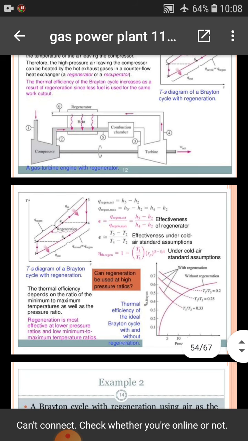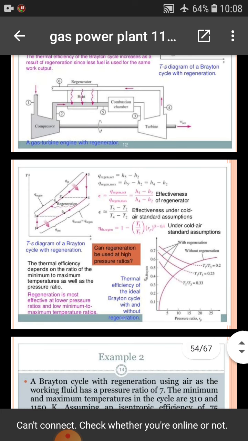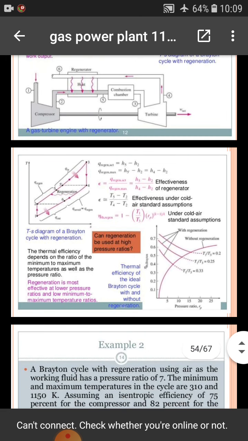Here air goes in from the atmosphere to the compressor, from the compressor to the combustion chamber, and from the combustion chamber to the turbine, and the turbine exhaust gases are used in the regeneration process to heat the compressor output gases. Here the exhaust gases give heat to the compressor output gases.